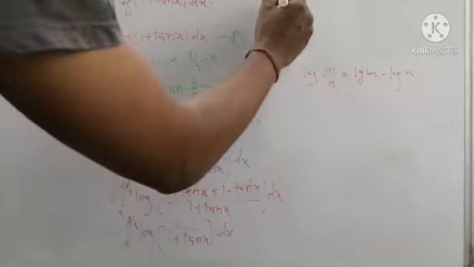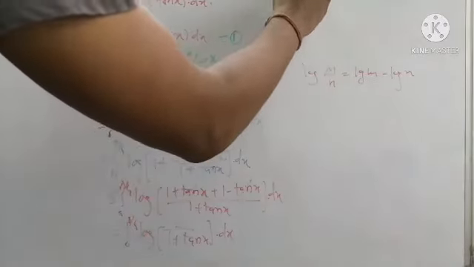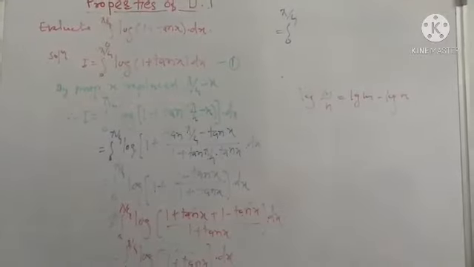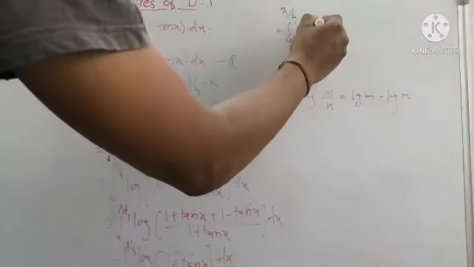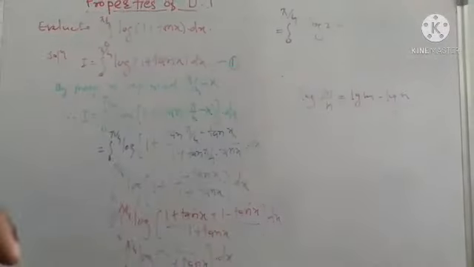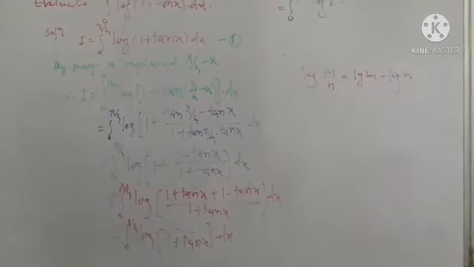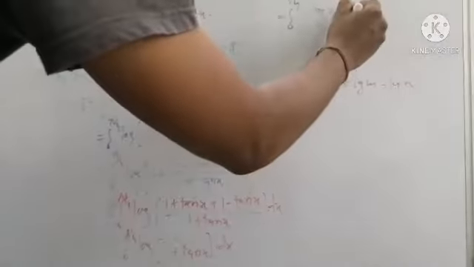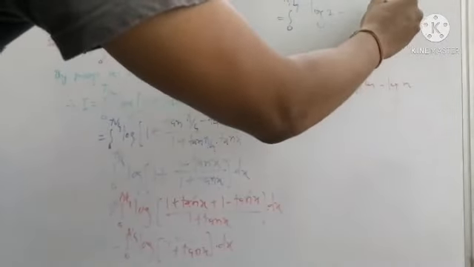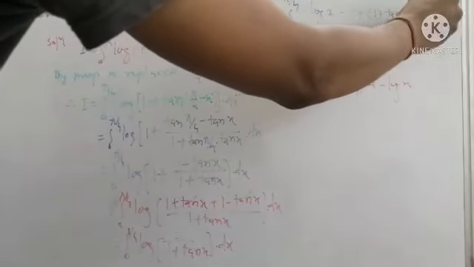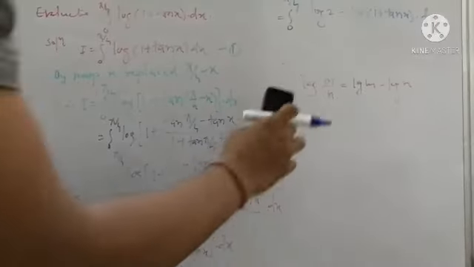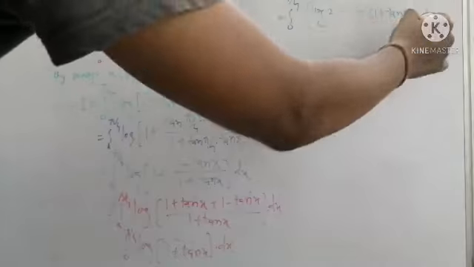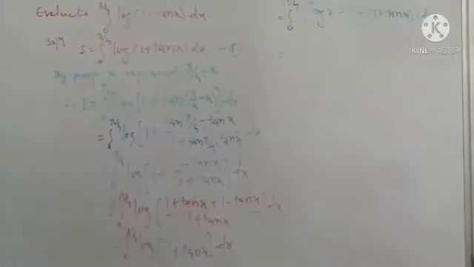So here we get the integration from 0 to pi by 4 of log of the numerator, that is log of 2, minus log of the denominator, that is log of 1 plus tan x, into dx.